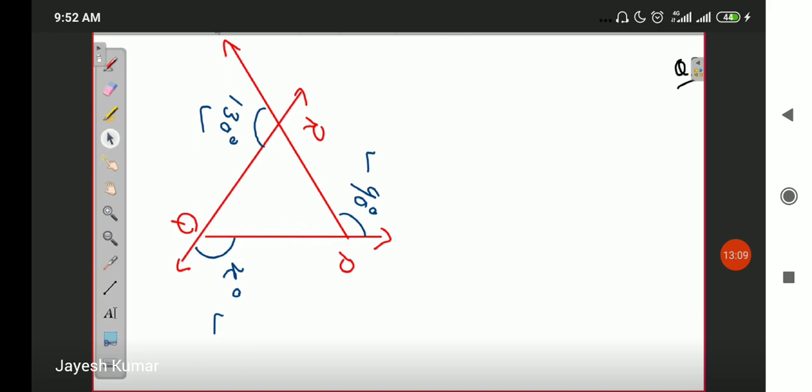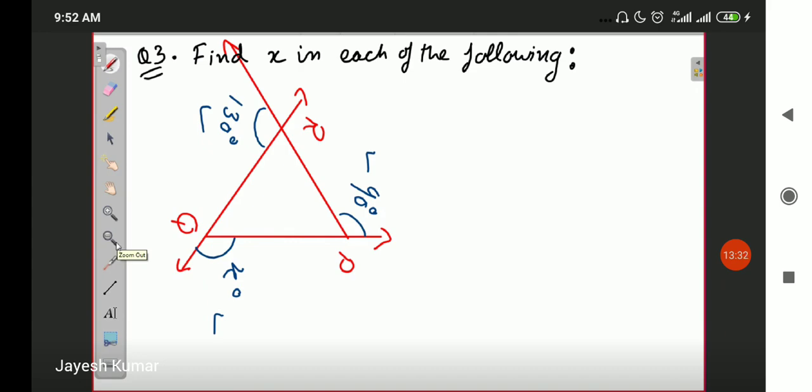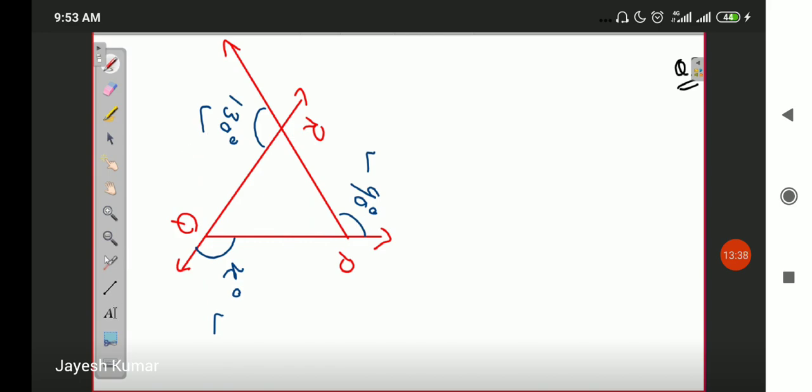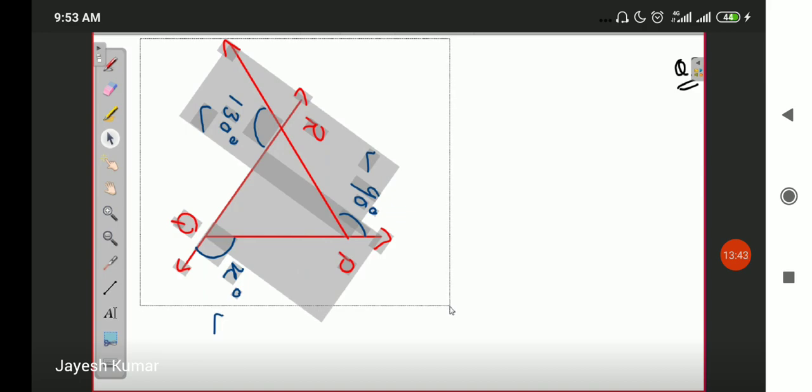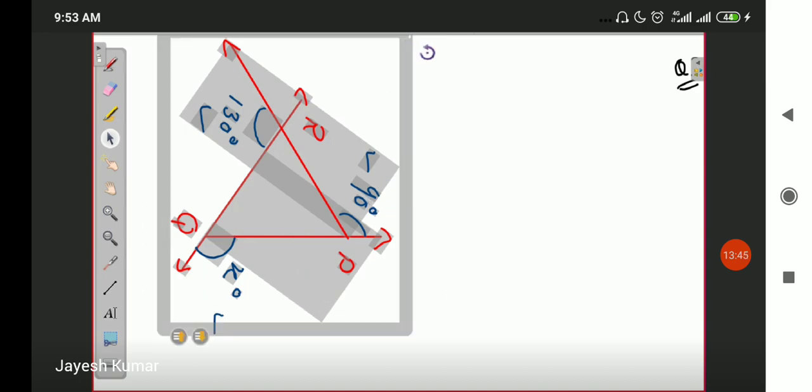See, now for line QP, this is line QP, the angle x, the exterior angle is below the line. Okay, let us rotate it once again.